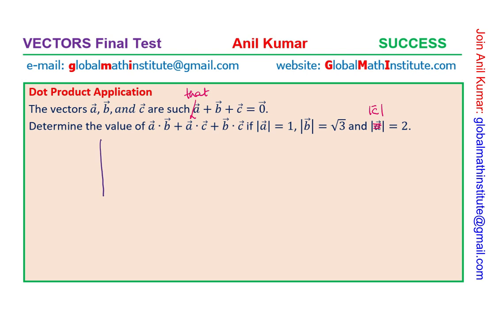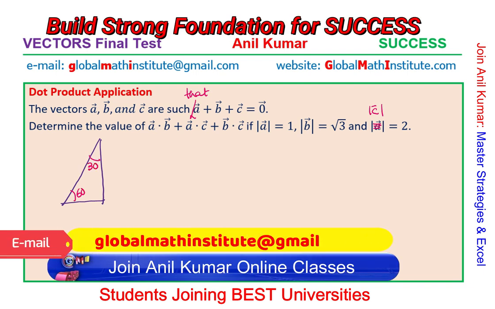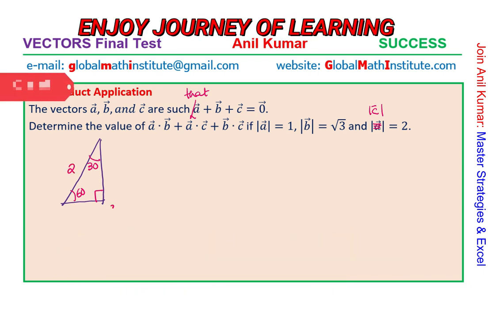Let me draw the right angle triangle the way I normally draw. We know this is like 60, 30, 90, and side C being longest, side A being shortest.